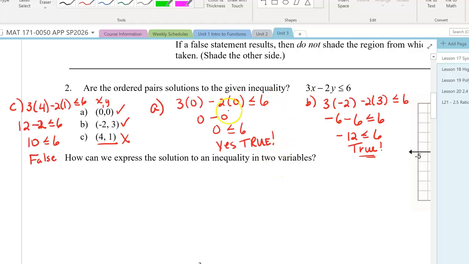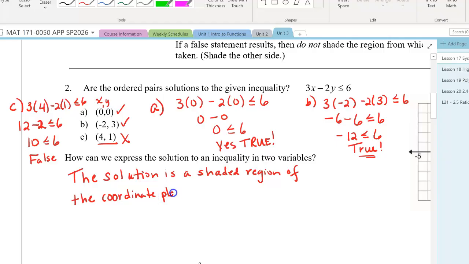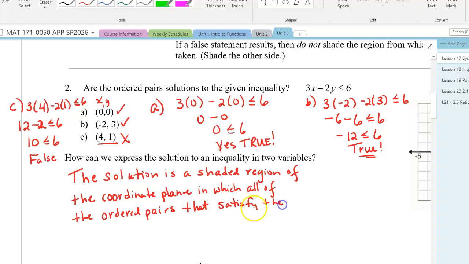Since you may have more than one point, like we did here, be a solution, the solution to an inequality in two variables is a shaded region of the coordinate plane, like I said before, in which all of the ordered pairs that satisfy the inequality reside.